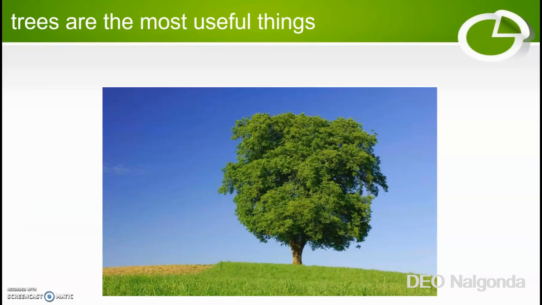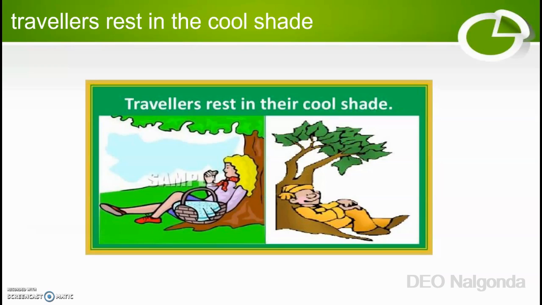Now look at this slide, children, where, as we discussed, the trees are the most useful things in the world. Then move on to the next slide, where the travelers are resting in the cool shade. What do you mean by travelers, children?